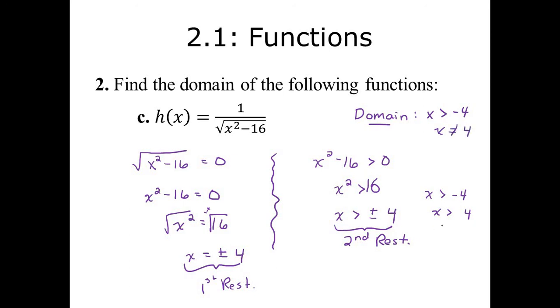So that takes care of this restriction. And by saying x is greater than negative 4, we also take care of the part of the second restriction where x is greater than 4. So that's our domain of the last one, of the last example.